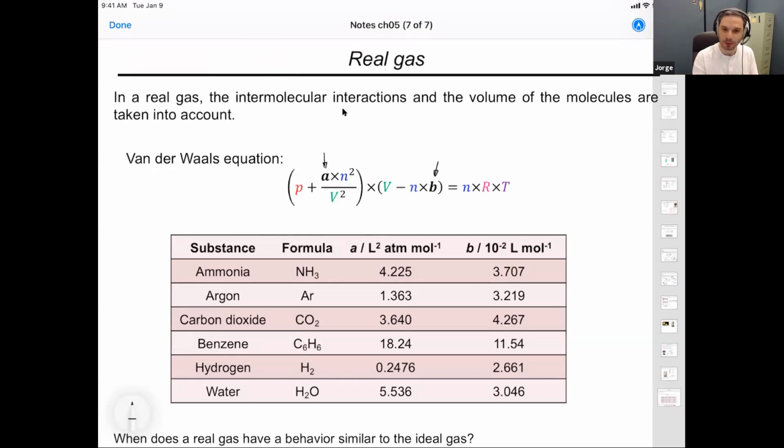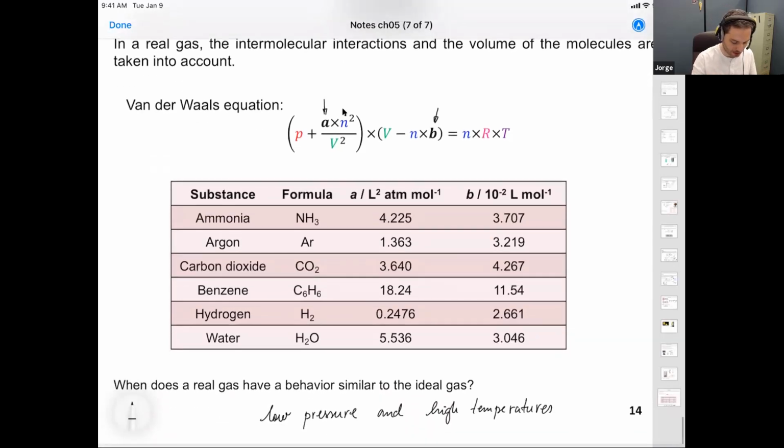The real gas equation can be used in any situation of pressure and temperature and will provide the most correct description of any gas, while the ideal gas is very precise if we are using low pressure and high temperatures as the conditions.